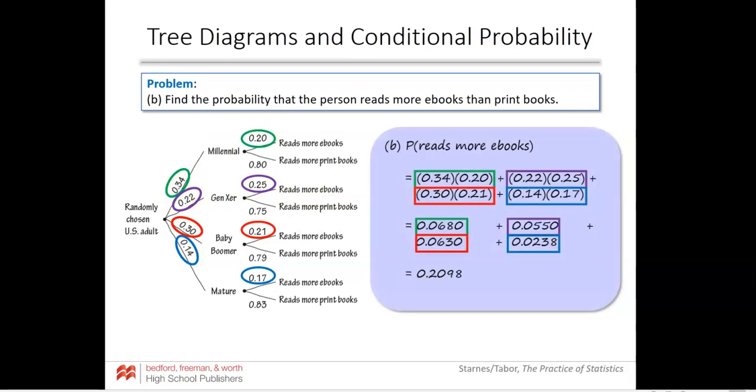They multiplied the green ones to get the 0.068. That's what we had. The purple ones, the Gen Xer, multiply those to get 0.055. Add up all of those together to get 20.98%. So there's a 20.98% chance that you prefer ebooks rather than print books, no matter what group you belong to.